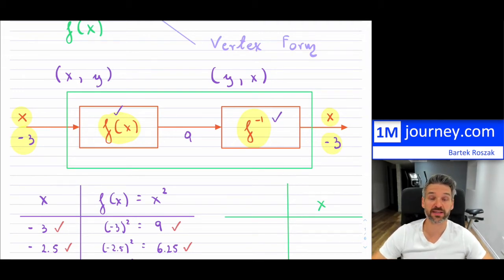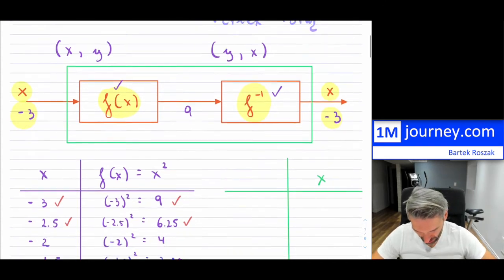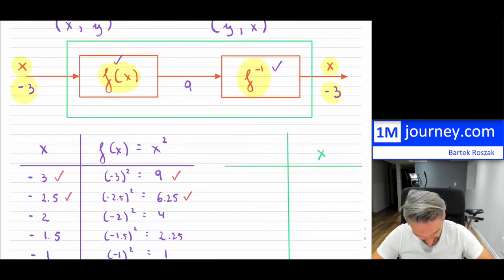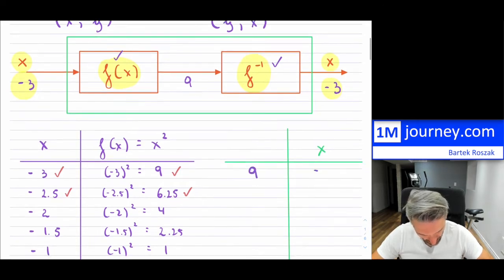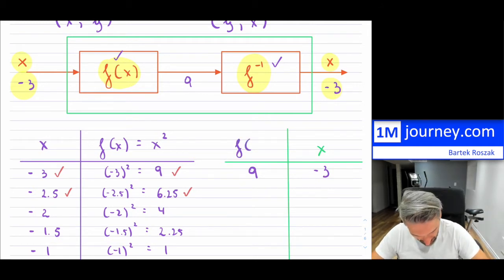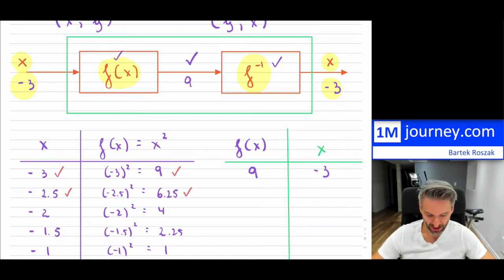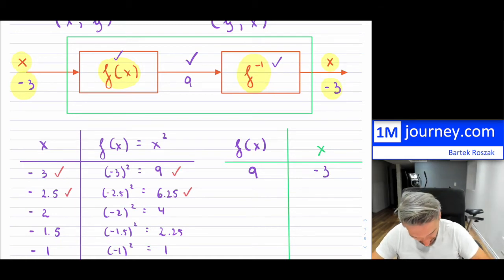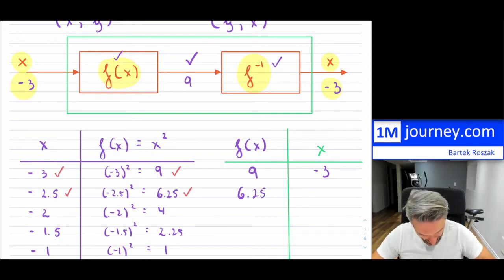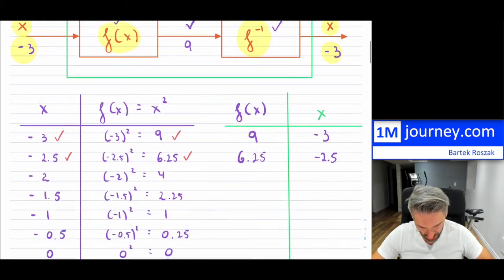Now, that's on the assumption that you have a table of values, that you have ordered pairs. So for instance, here my swapping back, what I would have gotten is 9, and then that would swap back and give me negative 3 back. So here what I am inputting is f of x, which is right here. That's the result. And then I'm going to get negative 3. Here, 6.25 is coming in, and what I get is negative 2.5, and so on.